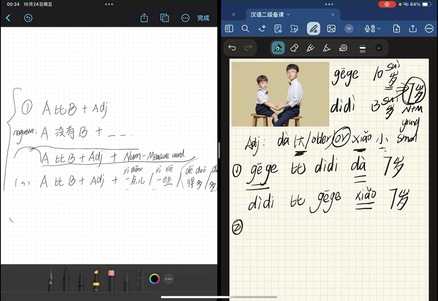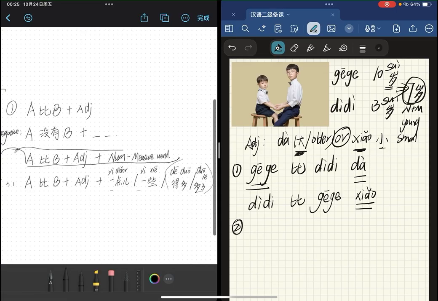Okay, so now if I don't want to use a specific difference, we know the age difference is 7 years old. What do you think, is 7 years old a big difference? Yes, I think 7 years old is a big difference.